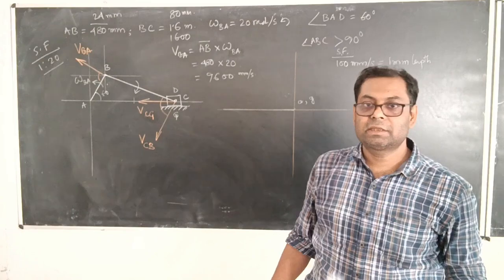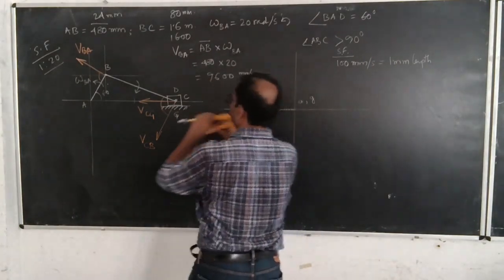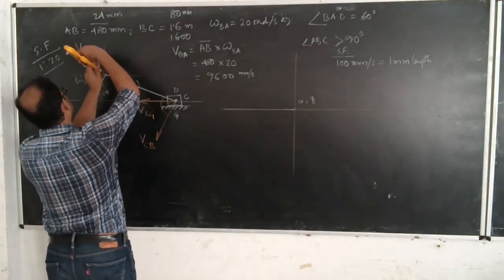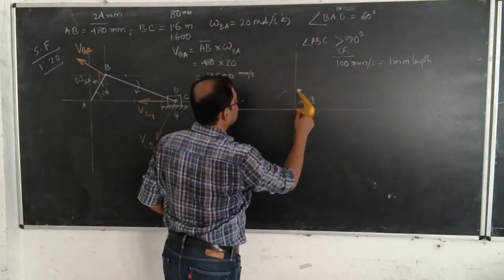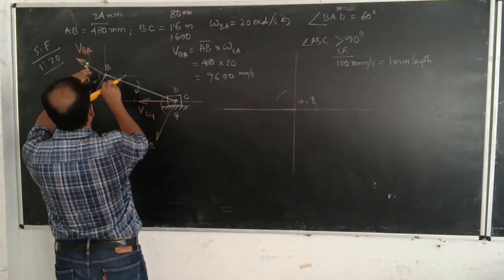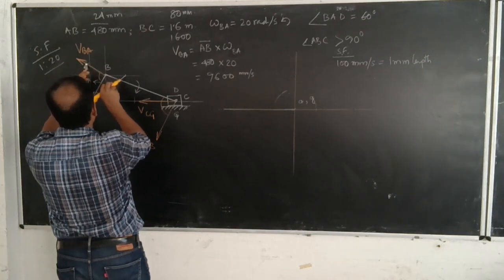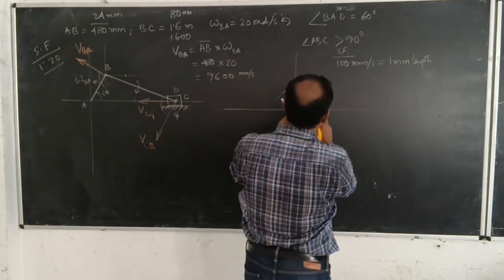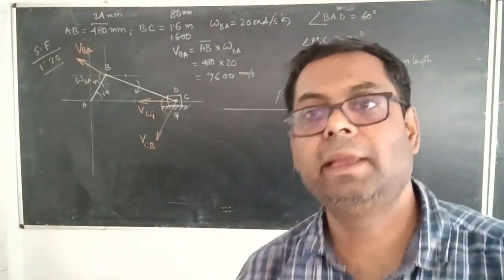So a local coordinate system we have drawn over here, and again we got the point where they are intersected.